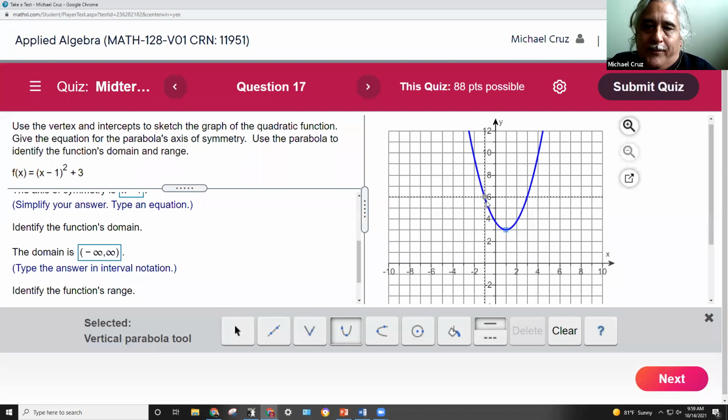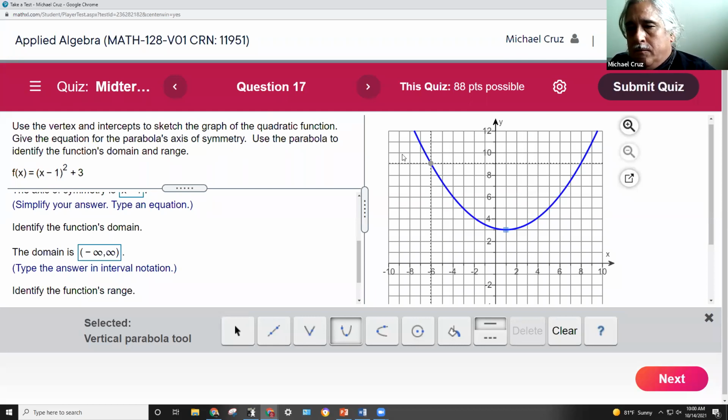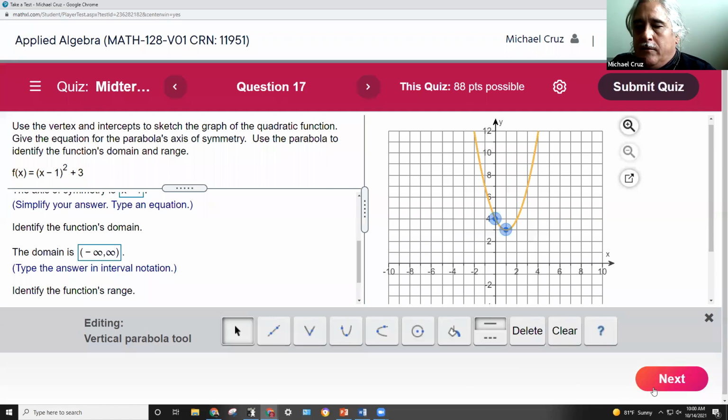Hold on, I'm going to do the y-intercept real quick. For the y-intercept, you're going to put 0 in here, which is going to give you 1 plus 3. So that's 4. So there we go. That's the graph of it.